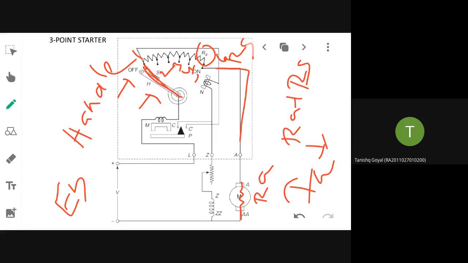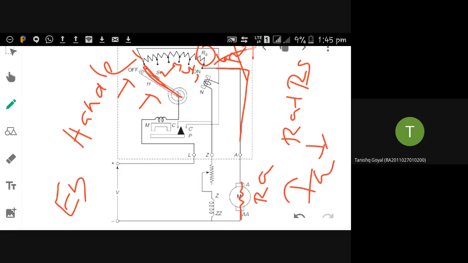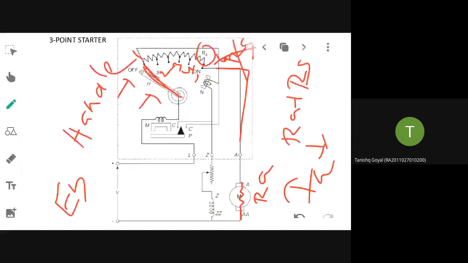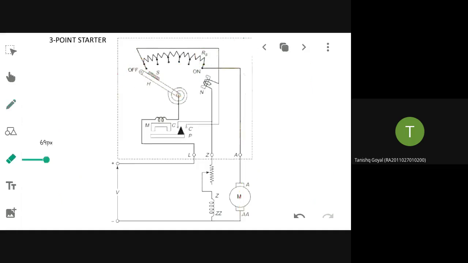Now there is no necessity of the starting resistance still inside the system. So I want to eliminate the presence of the starting resistance. So what I will do, I will push this handle to the second stud, third stud, fourth, fifth, sixth stud. Now I will connect it to the last position, that is my on position.